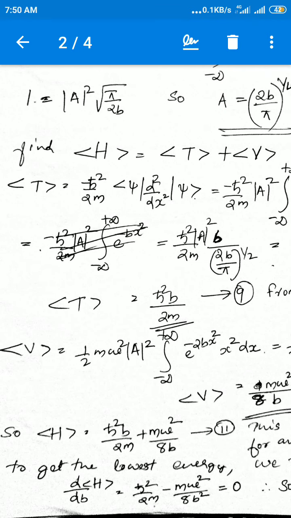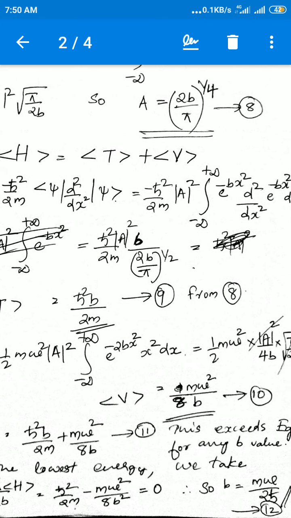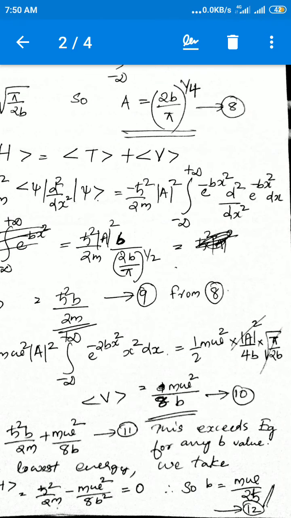Here also there are constants. Half m omega square modulus a square, we can take it out, and integral minus infinity to plus infinity e raised to minus 2b x square into x square. This is also an identity.